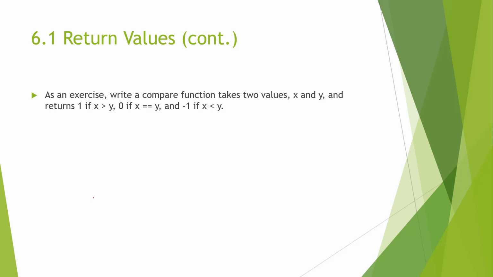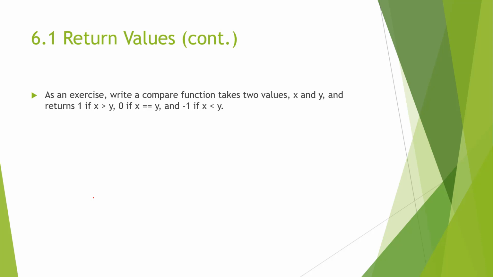So as an exercise, we can compare functions and look at two different values. Here we have two values, x and y, and we can also do a return: 1 if x is greater than y, 0 if x is equal to y, and negative 1 if x is less than y.